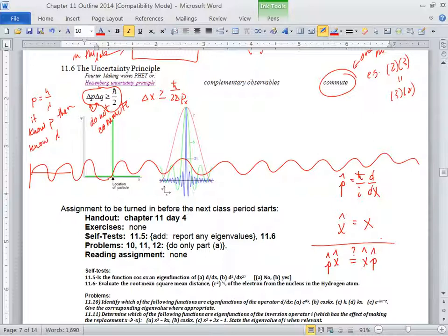What they're saying is p hat is h bar over i d dx times x. Well, you take the derivative of x, you just get 1, right? So you just have h bar over i on this side. Does everybody agree? Over here, x is on the other side now. You end up with x times h bar over i d dx, and you can't simplify that anymore. It's done. They're not the same. So they don't commute, so you can write this funky little relationship with the Heisenberg uncertainty principle. So that's kind of what they're trying to say.